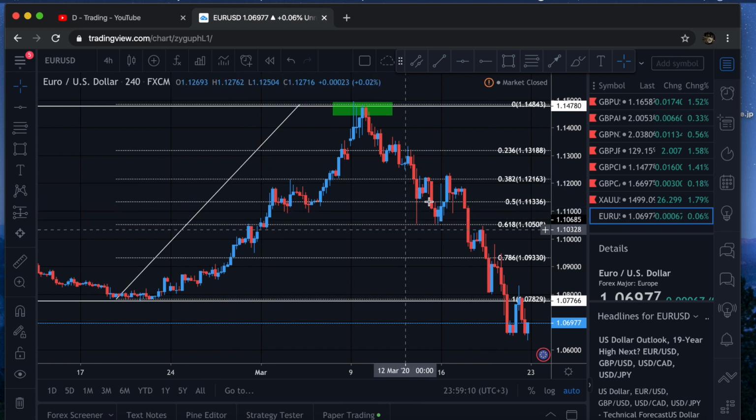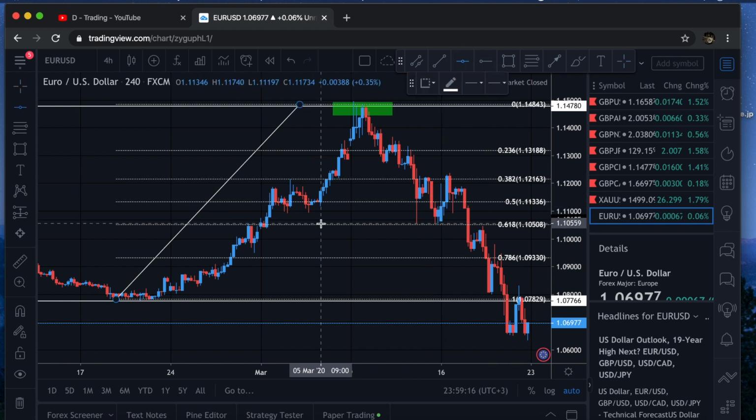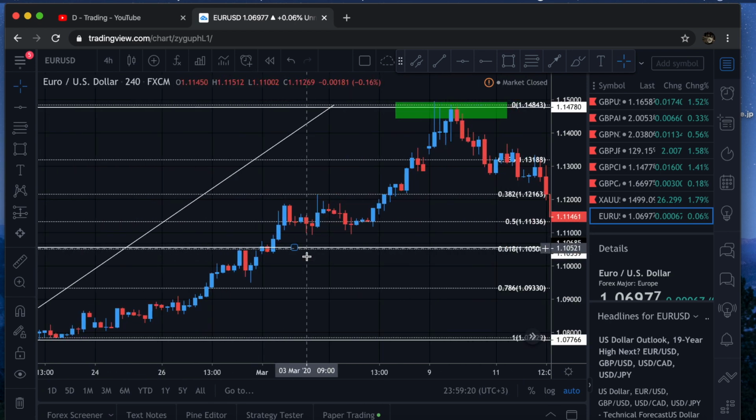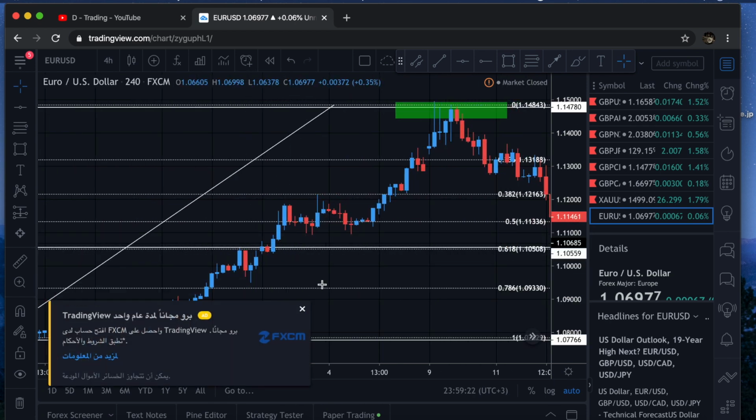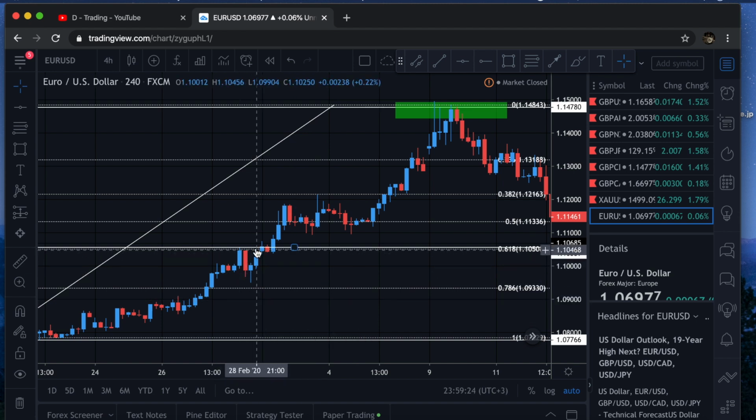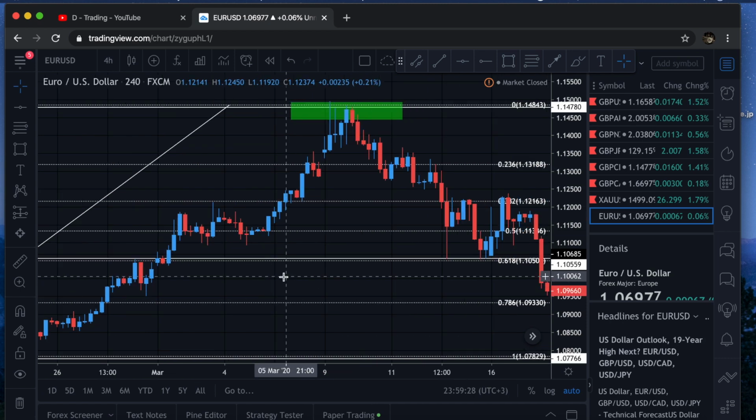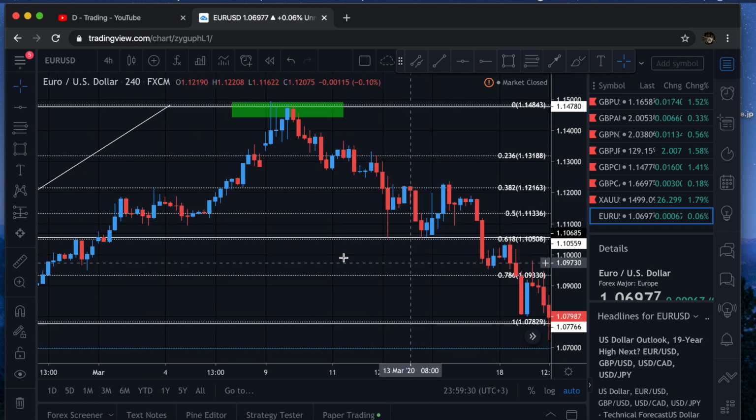One more thing. How is this going to add confirmation to our trade as well? You can see that over here is also a resistance, because the market touched here and reversed, came up here, there was a rejection. Over here there was a small rejection, then it broke through, and now it's going to act as a support.